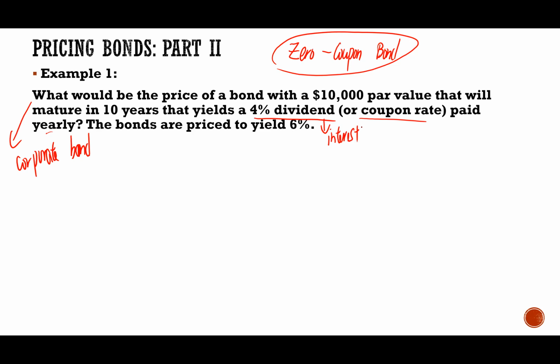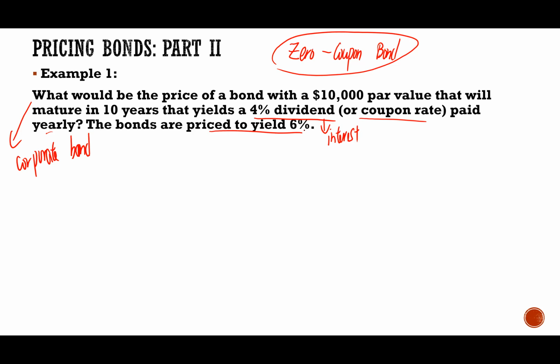And the bonds are priced to yield 6%, meaning on the current market, if you combine all the bonds and average out the return, since every bond has a different return, you get an average return for all the bonds. This is the market return for the bonds. So the price to yield is 6%.